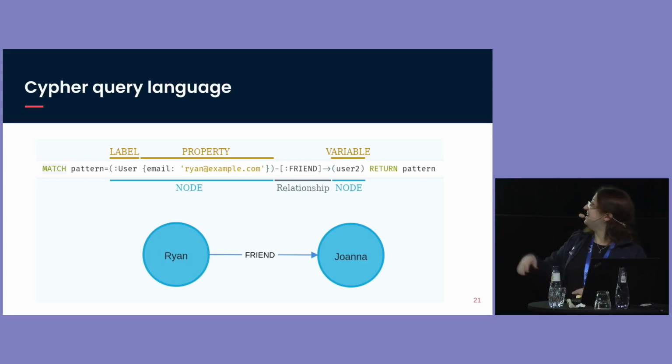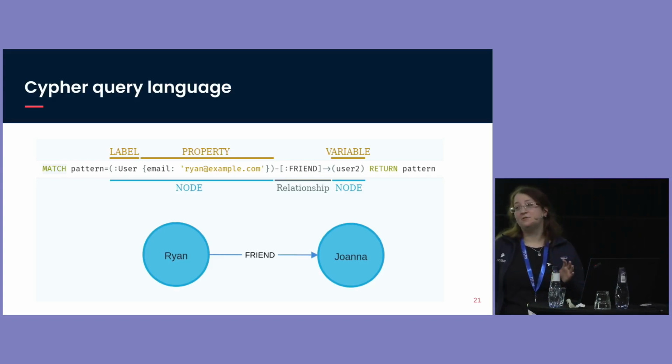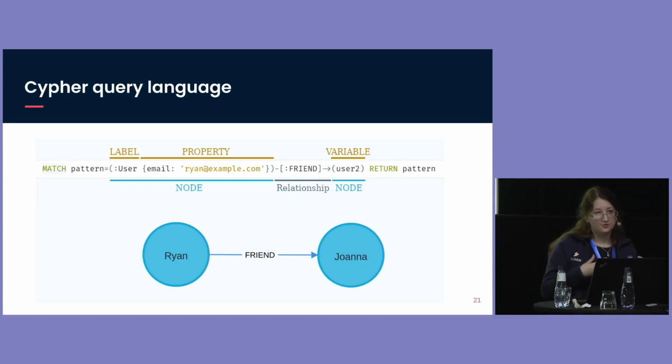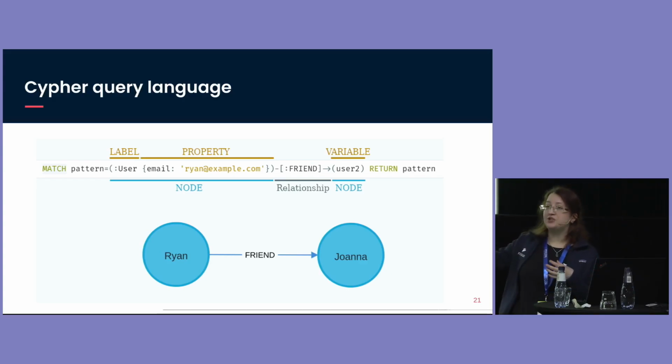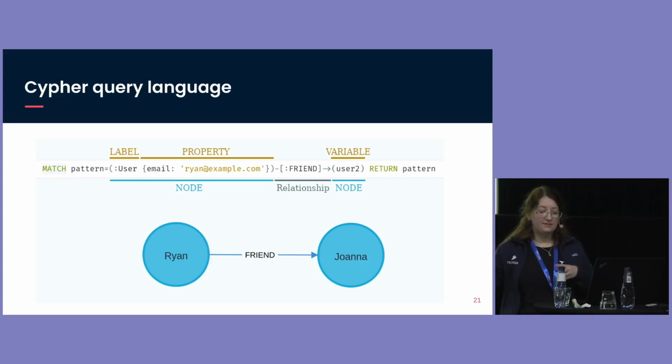If we are thinking about SQL, the main statement keyword of SQL is select, because we are selecting the data and returning it to us. Well, in a graph, we can think about the main keyword match as matching a pattern in our graph.